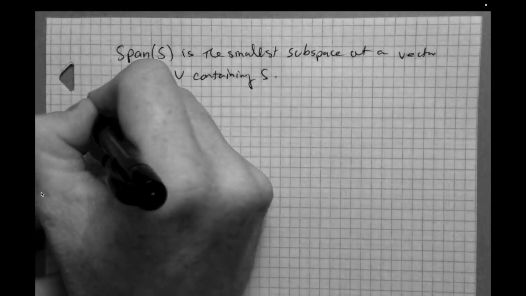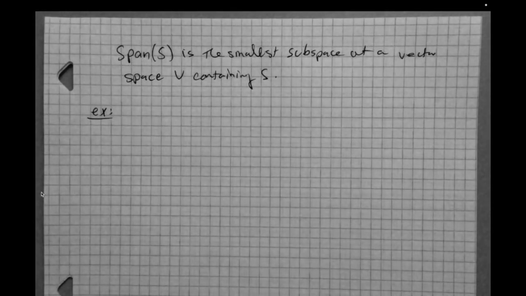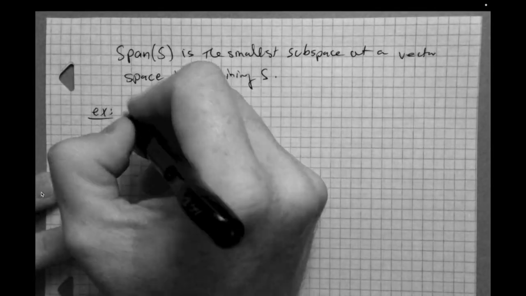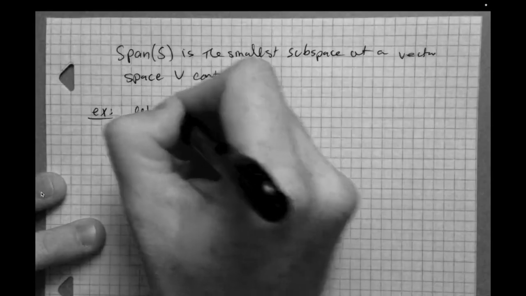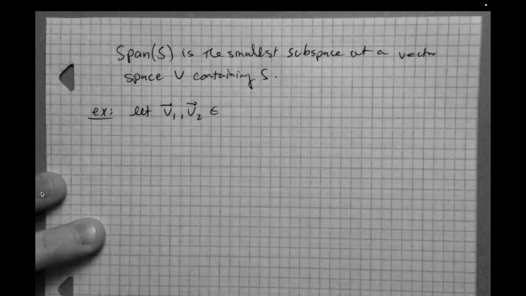Let's do an example to make this a little more concrete, because sometimes when you get caught up in some of these topics, the vagueness can be the enemy here. So let's get concrete for a moment. Let v1 and v2 be two vectors in R4.